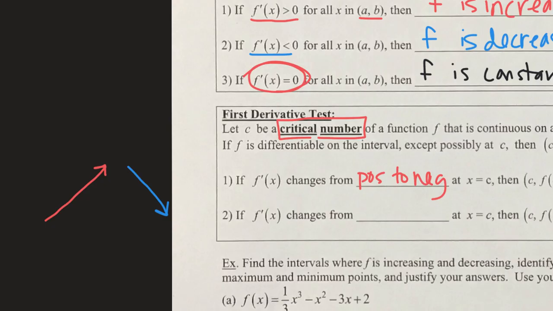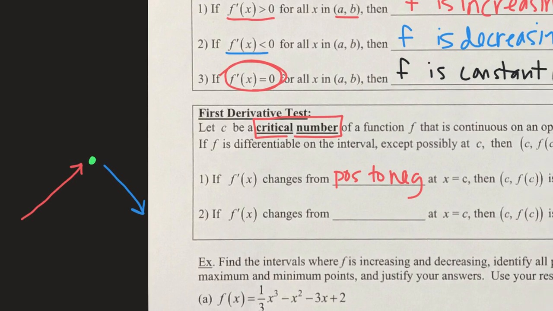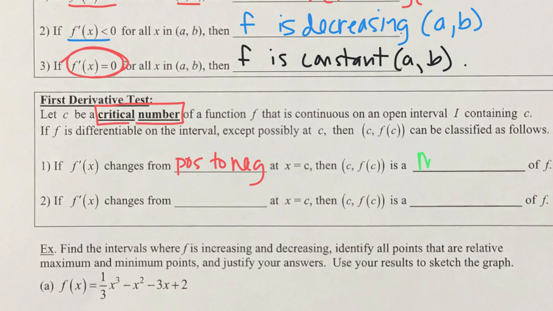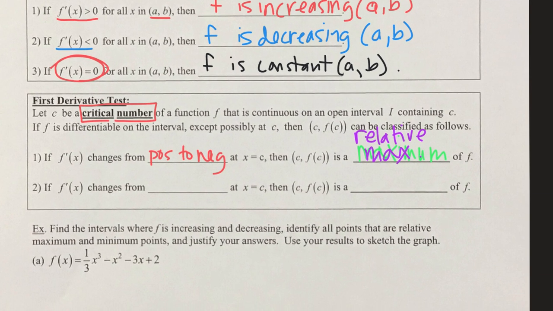If our derivative changes from positive to negative, then what point do we have here in between them? This is called a maximum, or a relative maximum. So if it changes from positive to negative, we have a relative max at that x value.